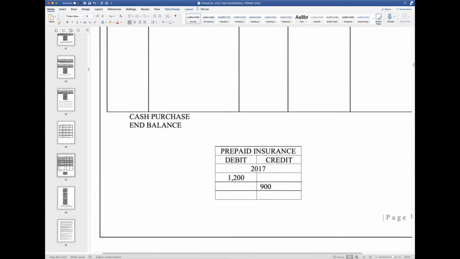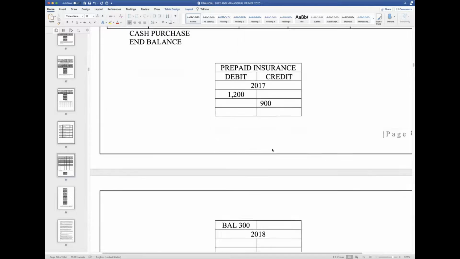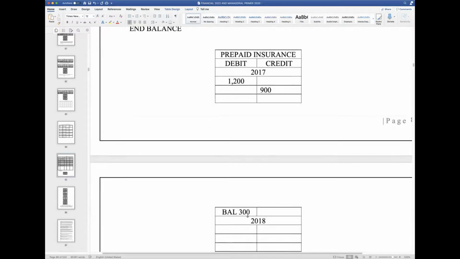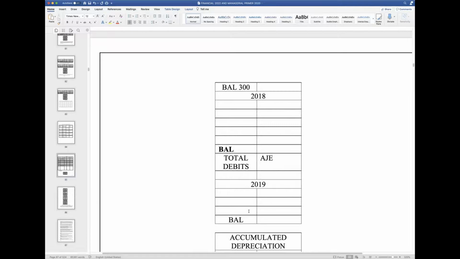1,200 originally in the account, 900 went. So the balance is now 300 going into 2018. Can you stop right here so I can write this down? You gotta scroll up.